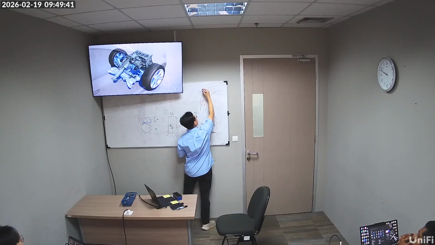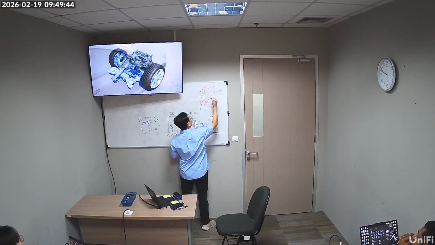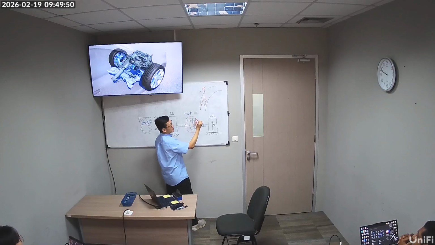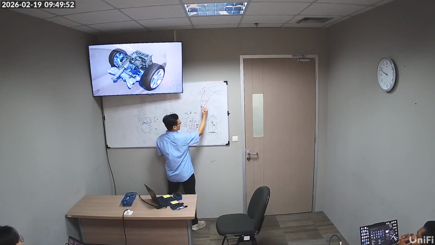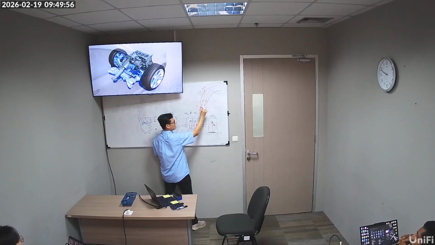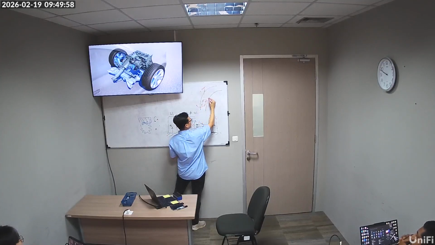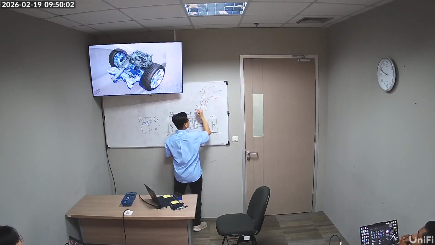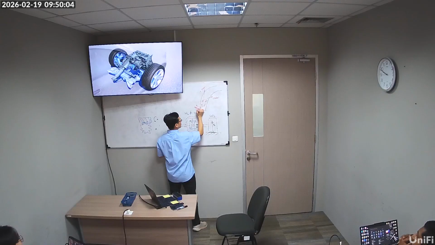So this is oversteer, okay? And understeer is, what happens in an understeer? When you turn, but doesn't go to the right. The rear end actually swings, and then you end up crashing this way. Okay? So understeer does that.